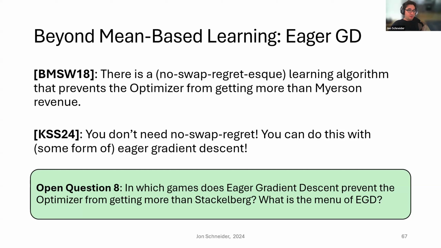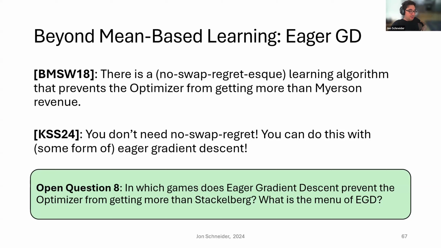And what was shown really recently is that you don't actually need to run this strange no-swap-regret-esque learning algorithm. Instead, you can just run some specific form of eager gradient descent, and you still get this non-manipulability property. You still get the fact that the optimizer can't get more than the Myerson value.